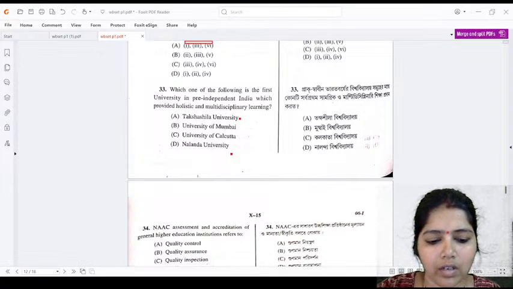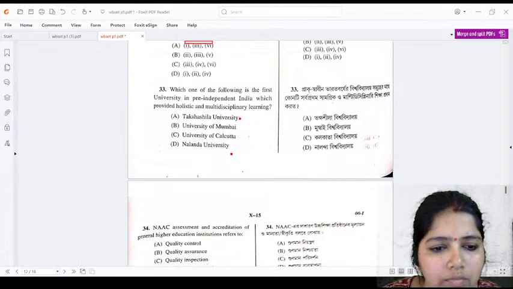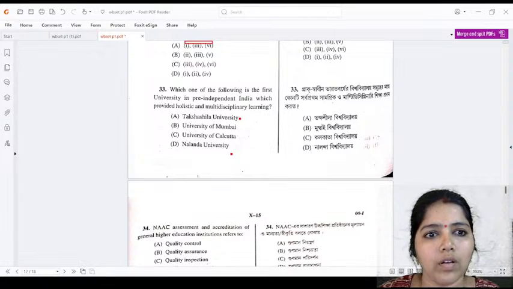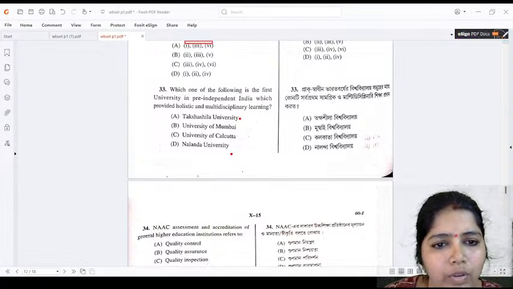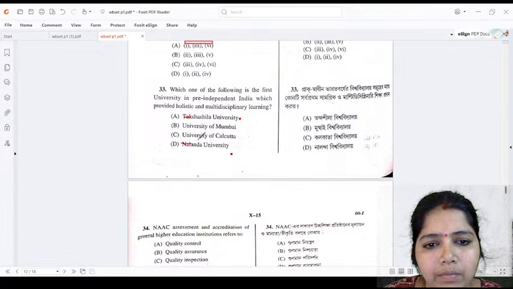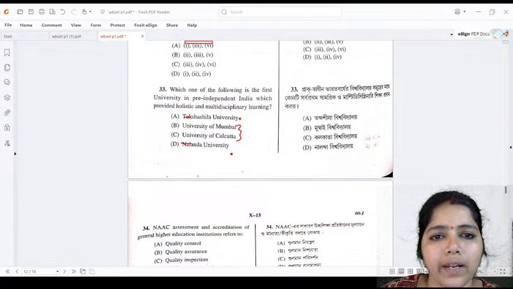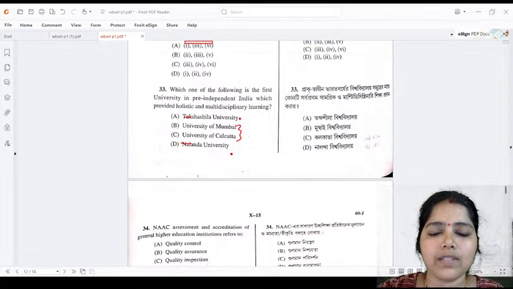These two will not come. With this one, we have to write which provided holistic and multidisciplinary learning in a pre-independence university.